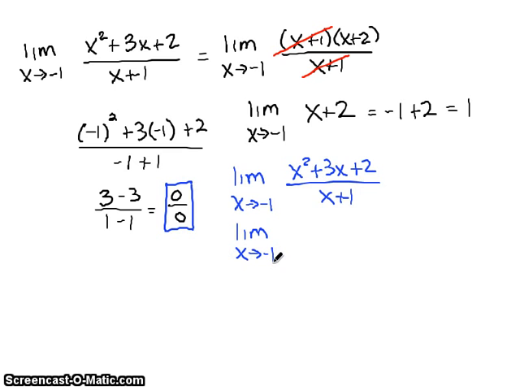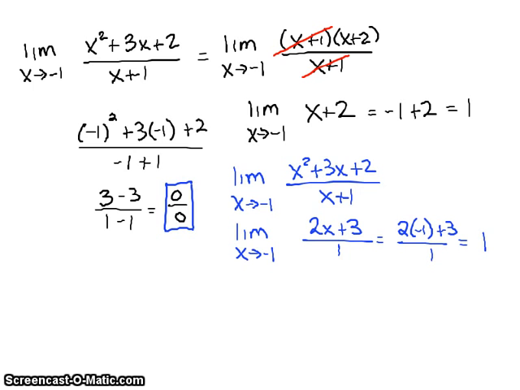The derivative of the numerator is 2x plus 3. The derivative of the denominator is 1. Now all we have to do is plug in negative 1. So 2 times negative 1 plus 3, divided by 1, gives us that same value of 1. Either way you want to do it is okay.